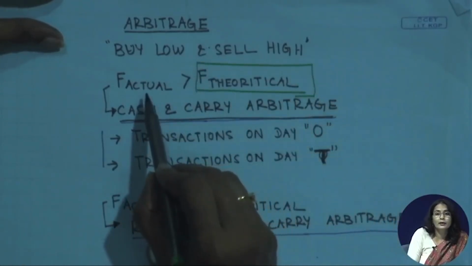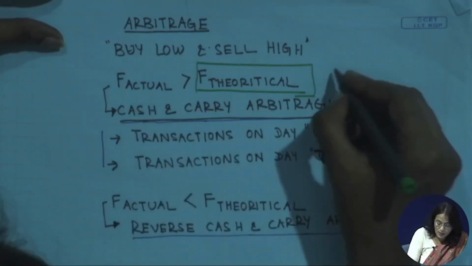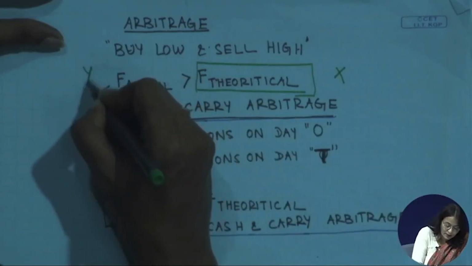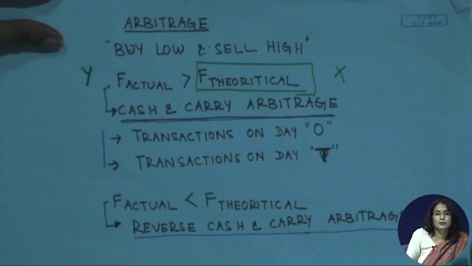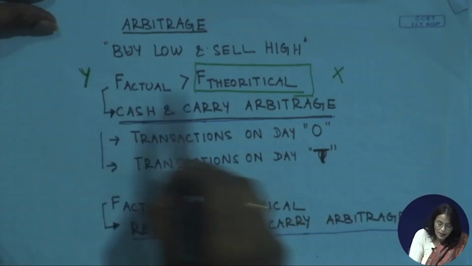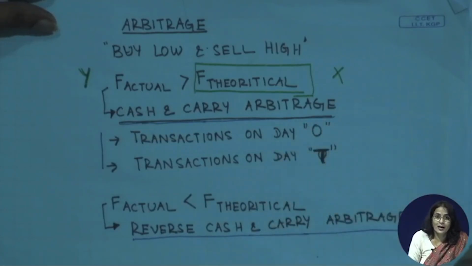In the market we are seeing another price. Suppose this is X, we calculated X, and this is quoted in the market at Y value. So what is going to be our strategy? If Y is greater than X, we will be undertaking cash and carry arbitrage.